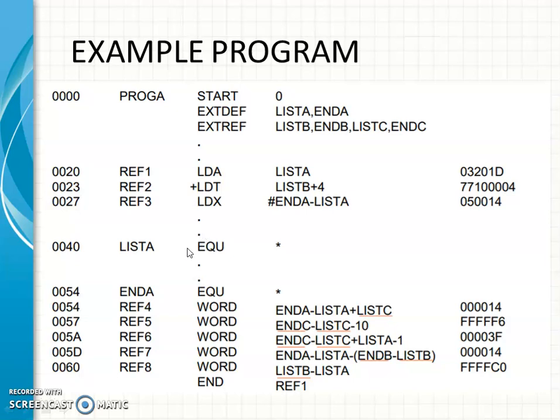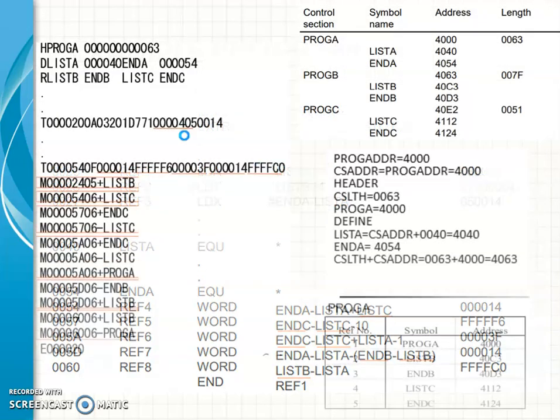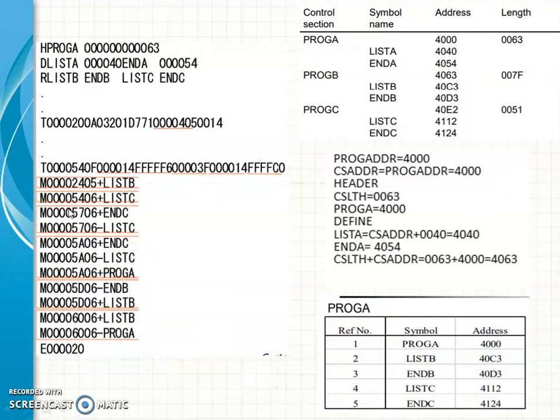It will also manage LISTA as 0040, ENDA will be 0054, like that it will have some addresses. External reference symbols means they are defined elsewhere in the program. So this much is done by the assembler, and the assembler then generates the object code.